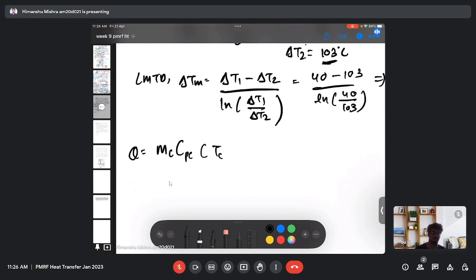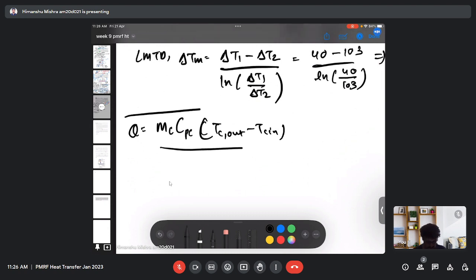You can also consider the hot fluid if the temperature is different at inlet and outlet, but since there is a condensation, the only option is to use the cold fluid: cold fluid outlet temperature minus cold fluid inlet temperature. This energy balance equation we have used in the internal convection problems.